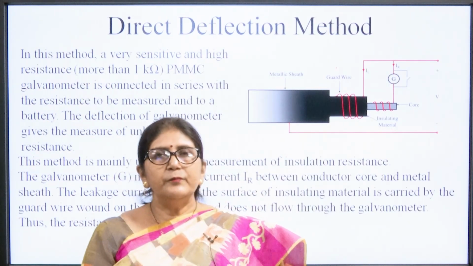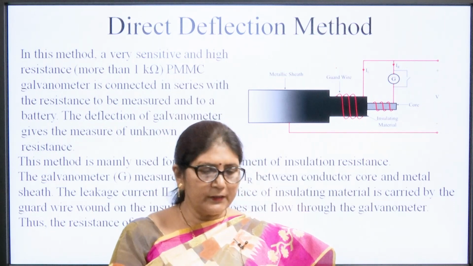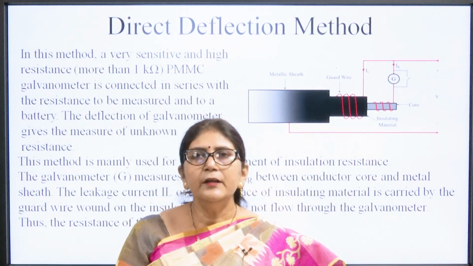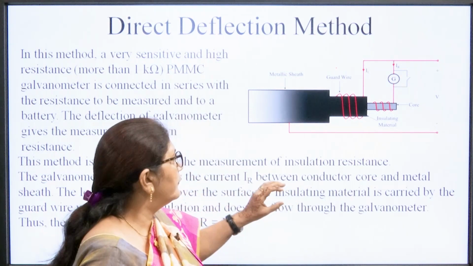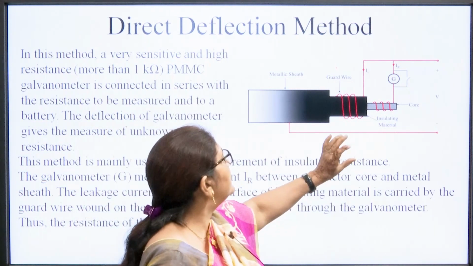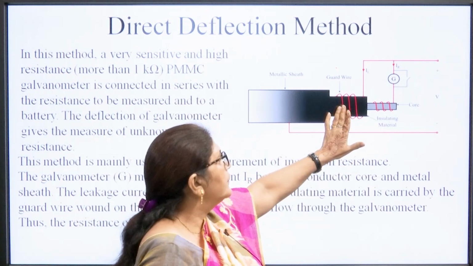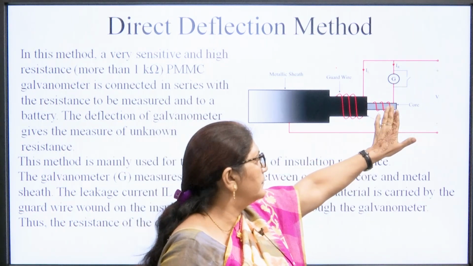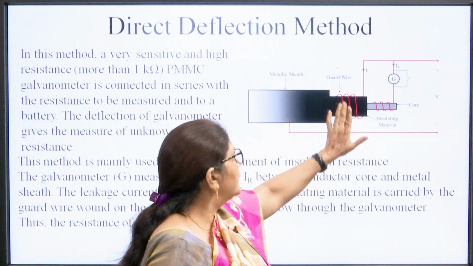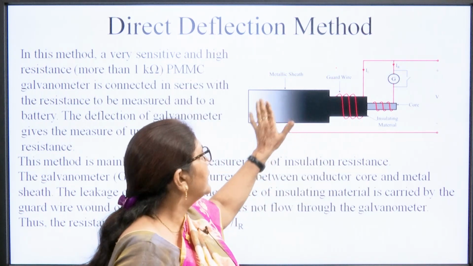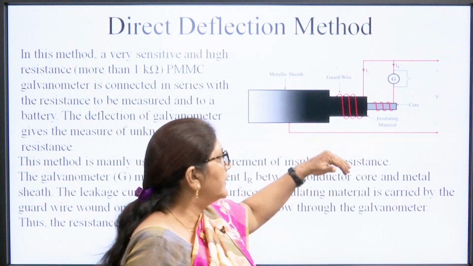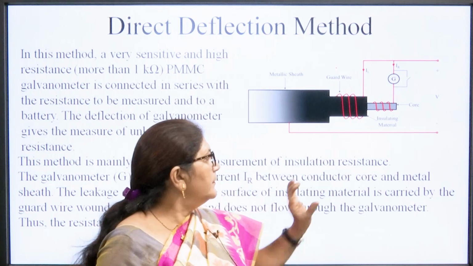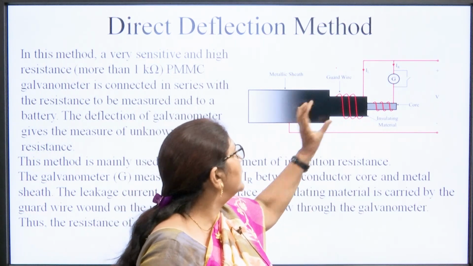Now, the direct deflection method. Suppose we want to measure the resistance of this insulating material. We have a core material, that is the conducting layer, and there is an insulating layer, and over this there is a metallic sheet. We want to measure the resistance of this insulating material.